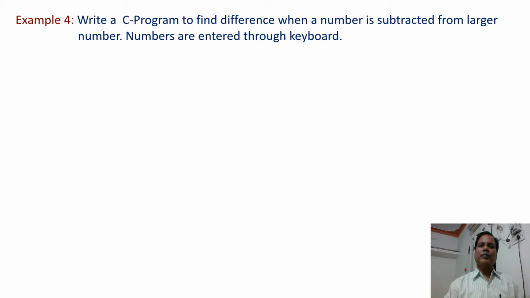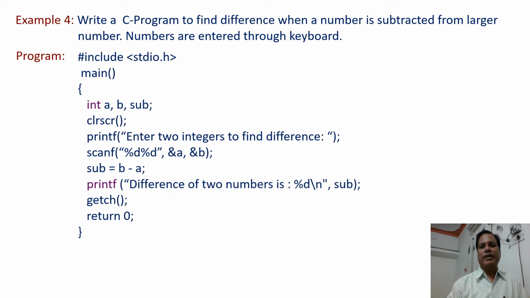Now in the next program, that is in this example, we have to again find the difference, but these two numbers are entered through the keyboard. Naturally the previous program is modified, and this modification is done by inserting the scanf function. This scanf function is used just to take the data from the keyboard.